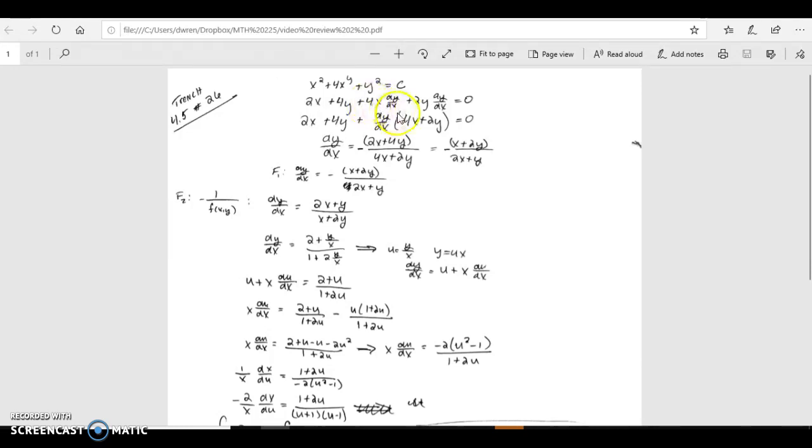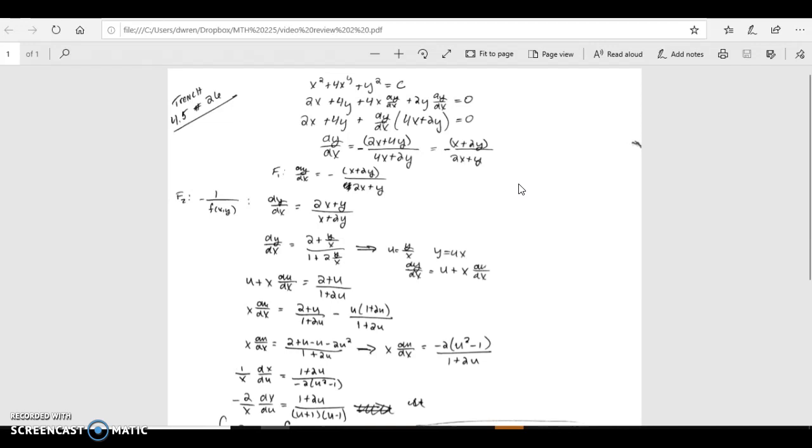Cleaning this up a little bit, factor out dy over dx. 2x plus 4y plus dy over dx times the quantity 4x plus 2y is still equal to 0. Separating the dy over dx, we get dy over dx equals negative, the entire thing is negative, 2x plus 4y over 4x plus 2y, or canceling out the 2's, you get negative x plus 2y over 2x plus y.